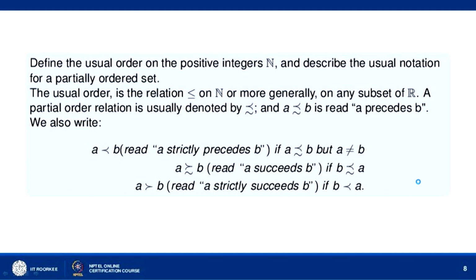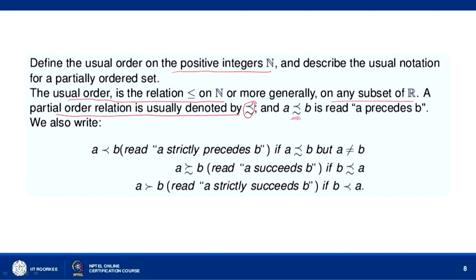Now, let us define the usual order on the set of positive integers. The usual order is the relation less than or equal to, which is also there on any subset of the set of real numbers. A partial order relation is usually denoted by this symbol. And what is the meaning of this symbol?